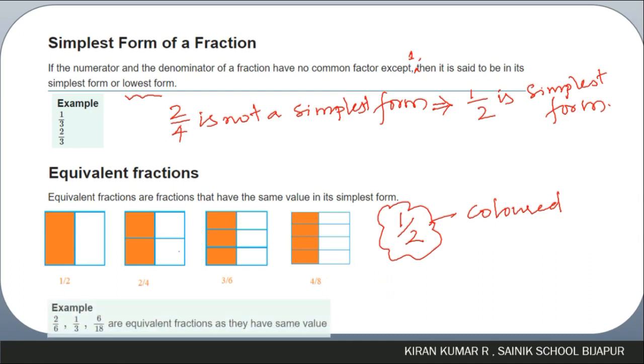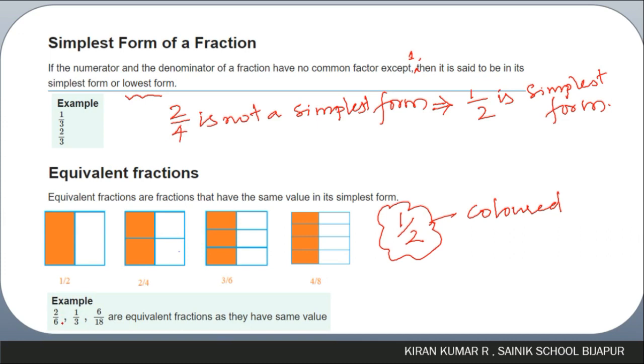Another example I'll give you: 2 by 6, 1 by 3, 6 by 18. These are also equivalent fractions because they all will be equal to 1 upon 3 on simplification. The equivalent fraction of a given fraction is obtained by multiplying both numerator and the denominator by the same number.